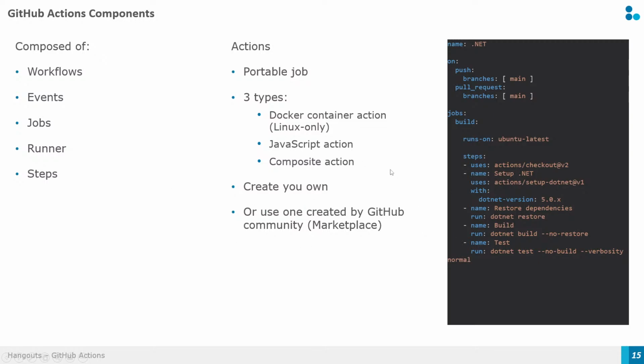We have a marketplace on GitHub that can be used for that. Something important is that those actions can support input parameters, and they can also output some variables to be used in our workflow.